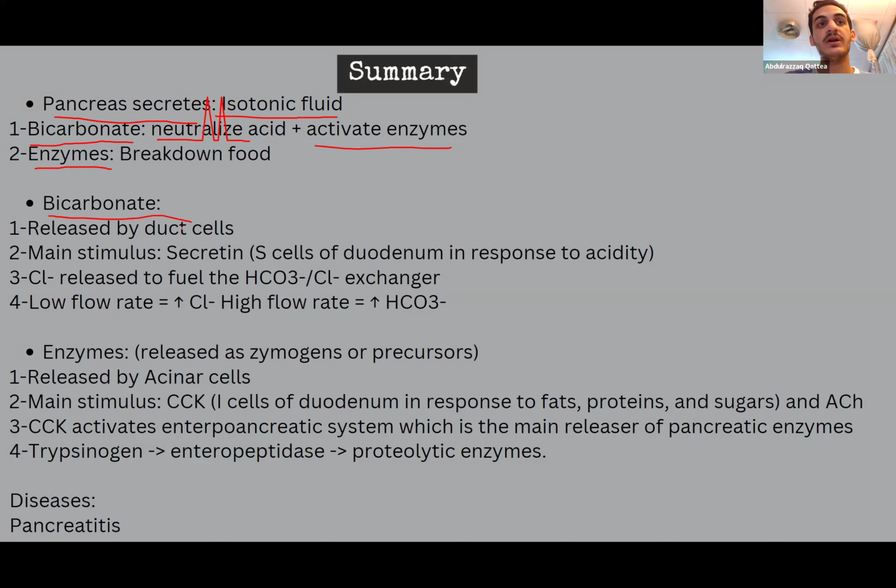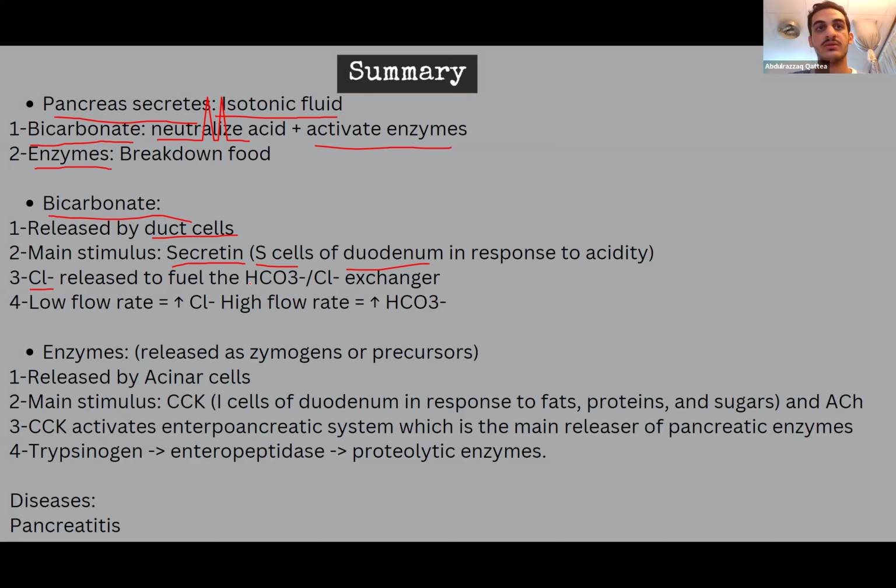Bicarbonate is released from the duct cells. And what stimulates it is secretin. From which cells? From the S cells. From where? From the duodenum.